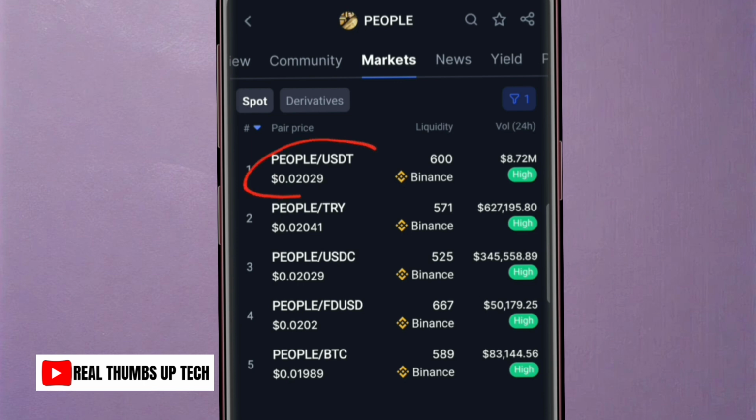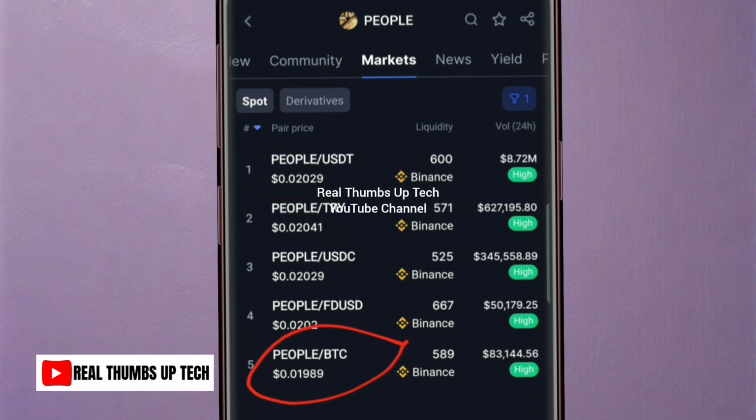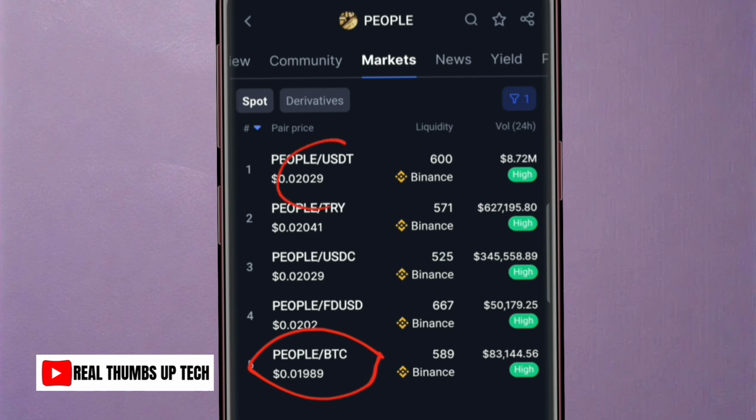If you buy People here, you buy it at the rate of 0.02029. Okay, then here for BTC, it is lower, 0.01989. Wow, that is too low. It means that here you have to use BTC to buy People, after which you use that People to buy USDT.